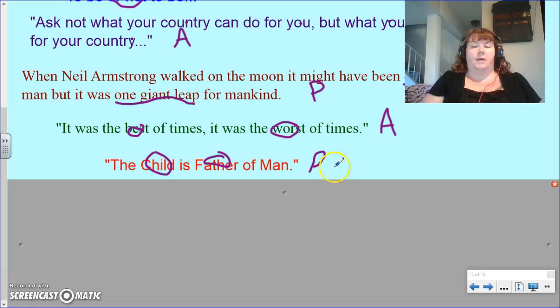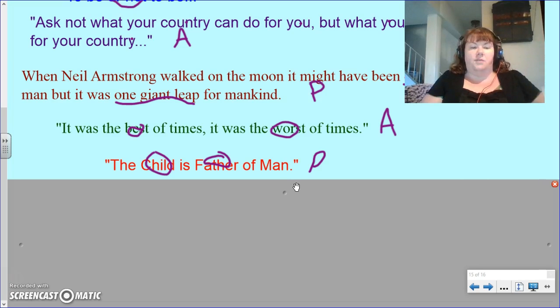paradox. Okay, now I'm going to scroll down and show you a couple more. I want you to write these in your notes, and we're going to use these to discuss at the beginning of class tomorrow. It's important that we spend some time in class on this discussion, because when we take this quiz, it is important that you understand the difference between the two.